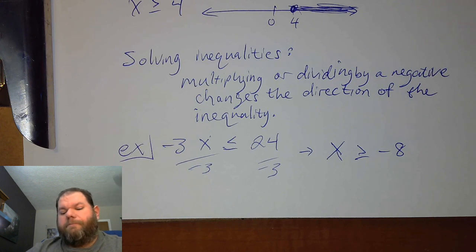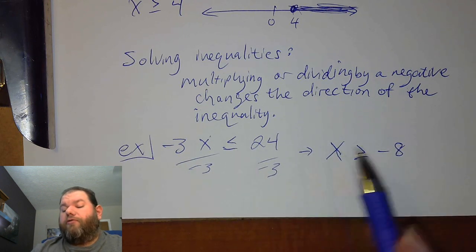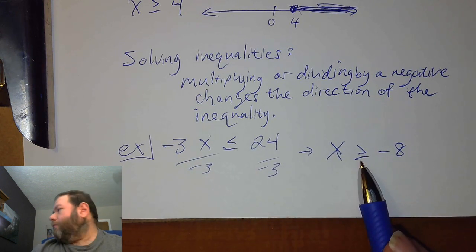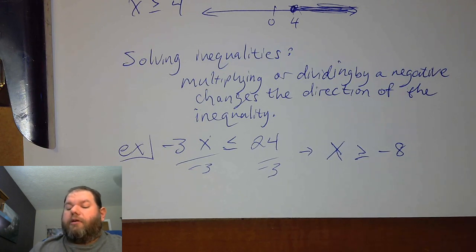So when we divide by a negative number, we change the direction of the inequality.